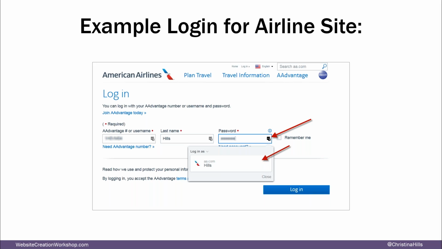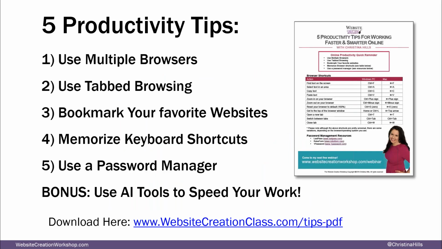With everything on the internet, you've just got to have a lot of passwords, and who wants to remember all those passwords? Is it more secure if you kept them in a pen and paper notebook on your desk? Yes, unless you lose that. But in terms of efficiency, having a password manager is the way to go. All right, so those were my 5 tips.